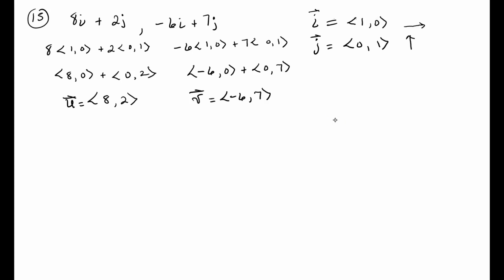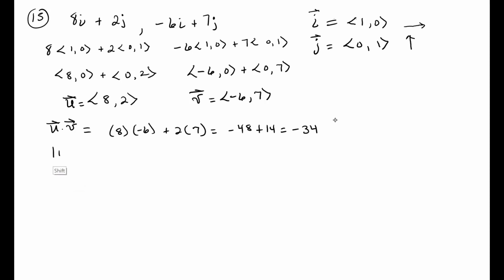All right, now what we have to do is find the dot product, u dotted with v. Okay, so let's see, what does that look like? That's 8 multiplied by negative 6 plus 2 multiplied by 7. Negative 48 plus 14, which gives us a dot product of negative 34.